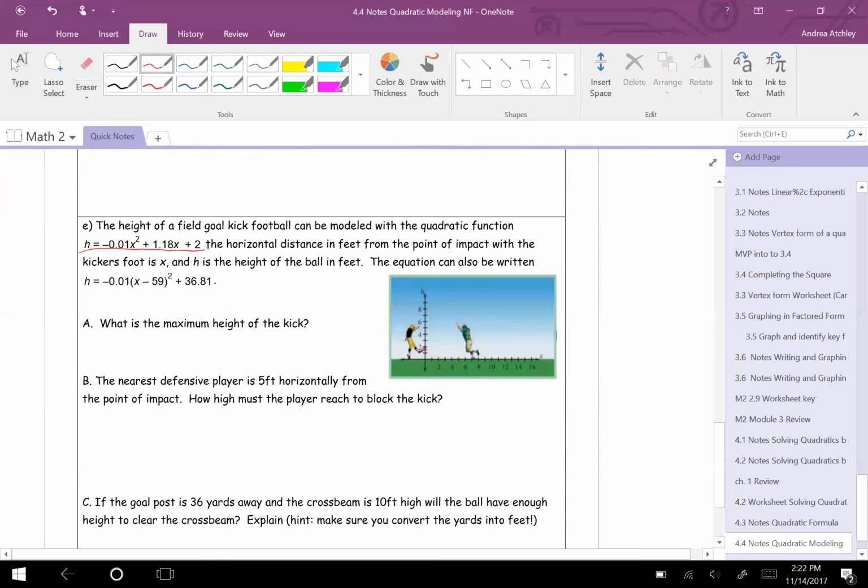The horizontal distance in feet from the point of impact with the kicker's foot is X. X is horizontal distance. And H is the height of the ball in feet. Oh, and I was really kind and I gave it to you in vertex form as well. Any questions over that?